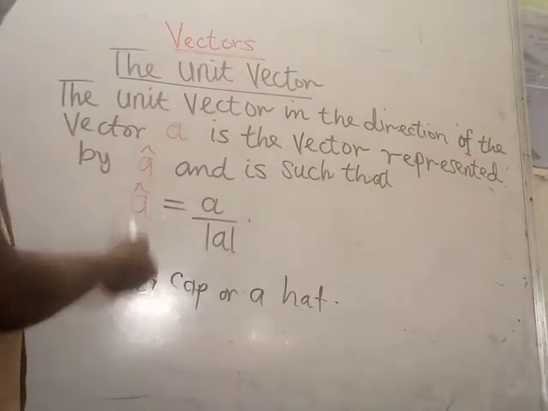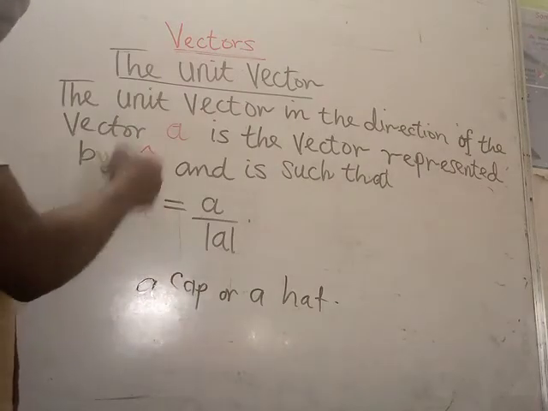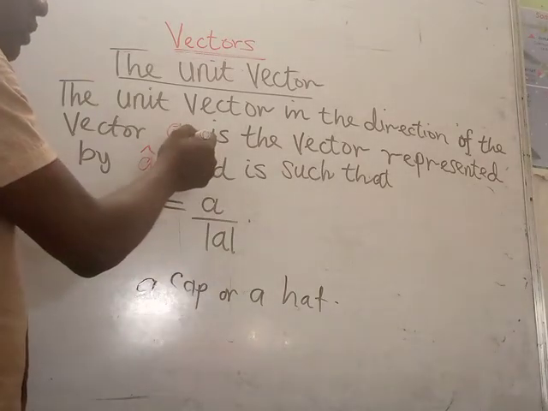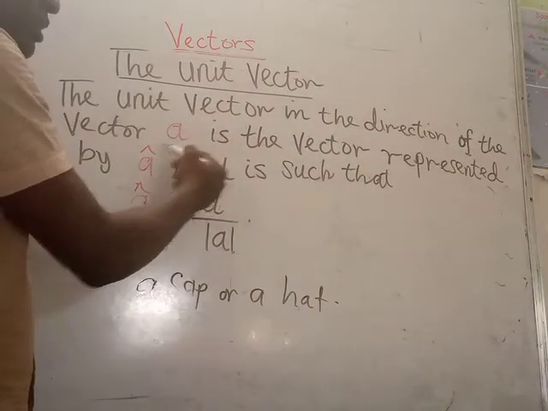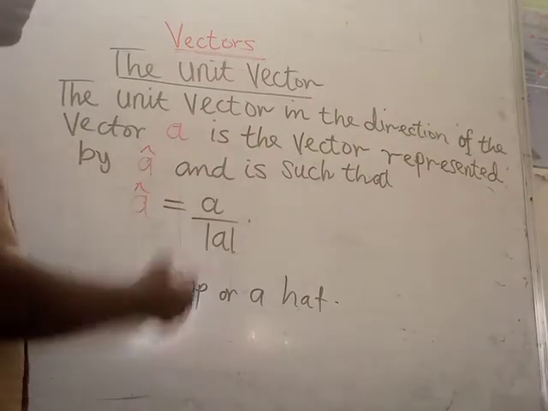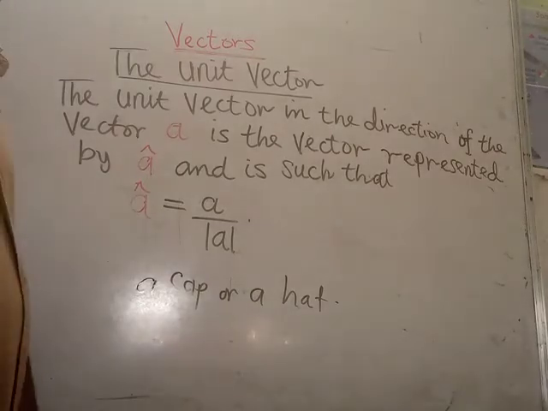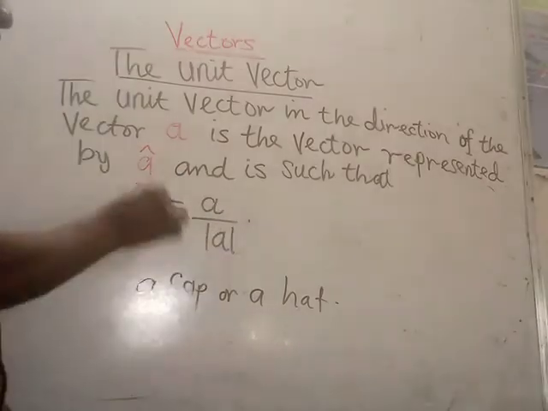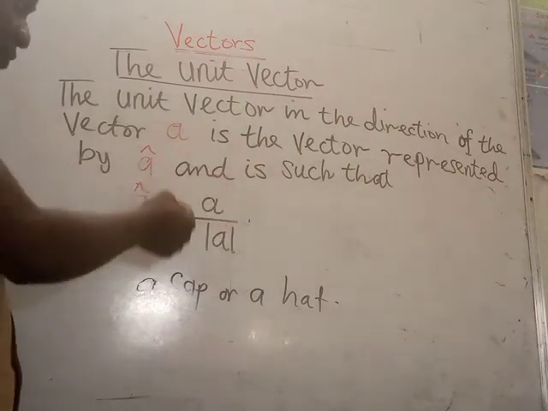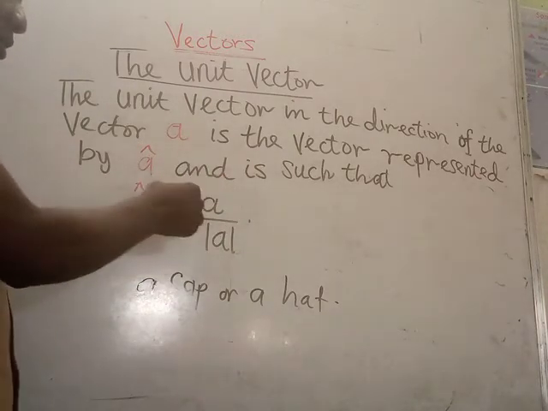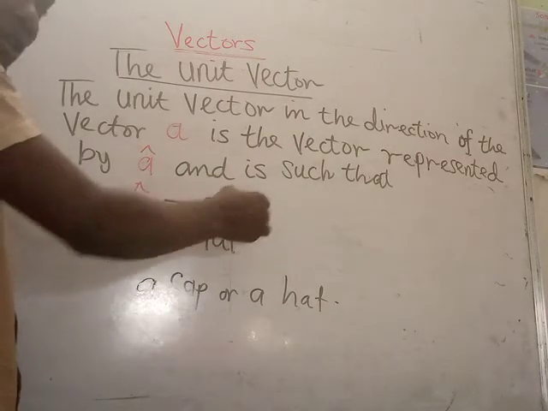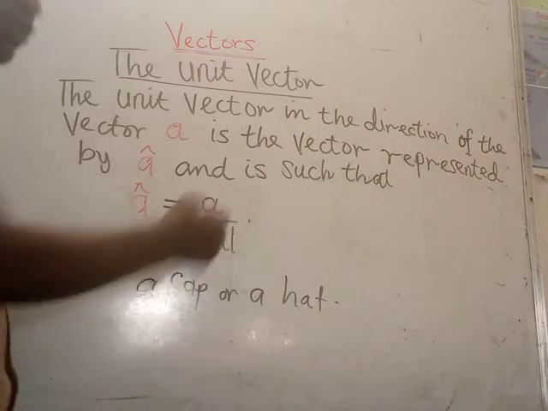So that unit vector is given as A cap or A hat equals vector A, in whose direction the unit vector points, divided by the magnitude of vector A. So that is the unit vector. The unit vector is a vector in the direction of the given vector A, and it is equal to vector A divided by the magnitude of vector A.